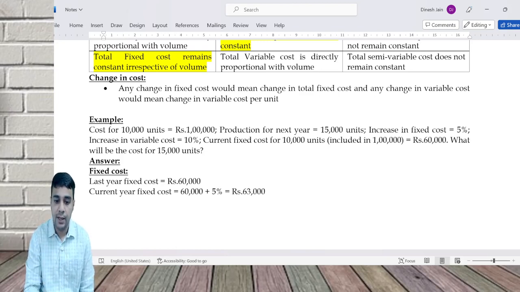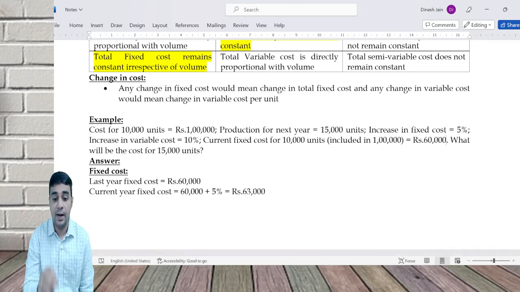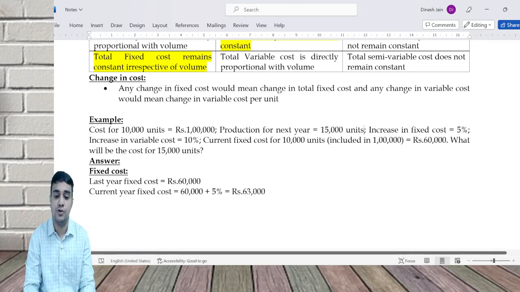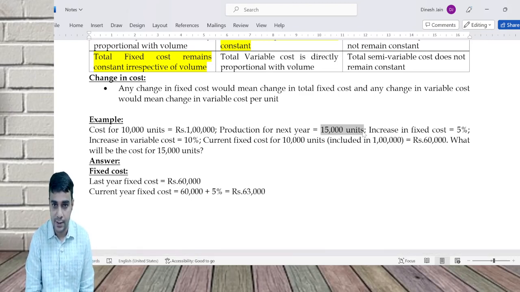For example, if the same question had said 6 per unit, if you apply 6 plus 5%, it will become 6.3, and then you will multiply with 15,000 units, you will get a different answer, because any change in fixed cost would have to be applied only to the total fixed cost.